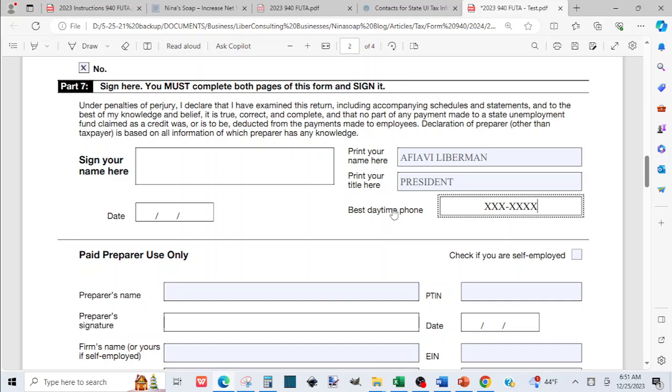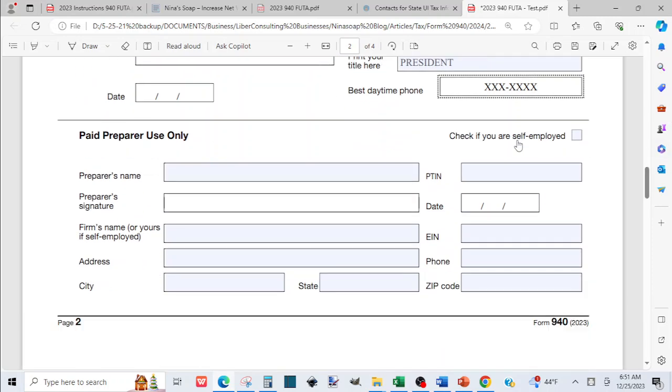So pretty much you are done filing the form so far, and if you are filing it for a client and you are getting paid, then you will complete the paid preparer use only section by adding the tax preparer's name, your firm business name, business address, city, state, zip code, phone number, EIN, and if you are self-employed, you check that box and you put your tax preparer PTIN number on it, and when you print it out, you sign and date and your client signs and dates as well.